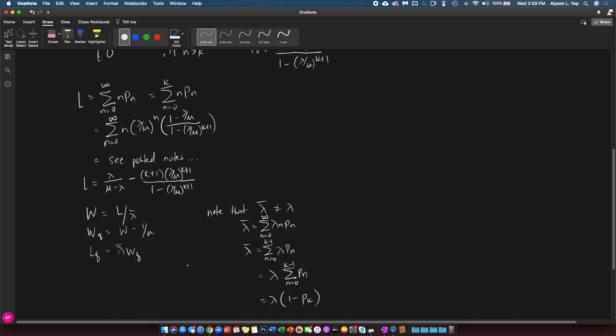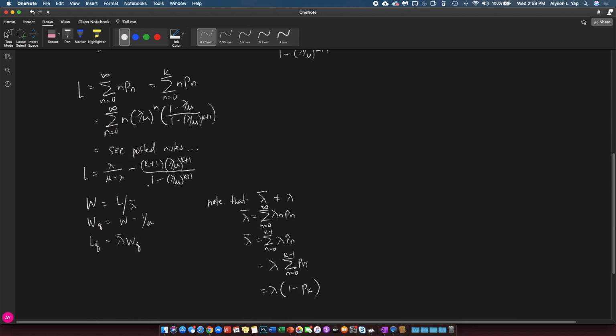Now, once you are able to compute for L, then you will be able to compute for W using Little's formula. And Little's formula states that W is equal to L over lambda bar. And remember a while ago, I said lambda bar is not equal to lambda. Why?